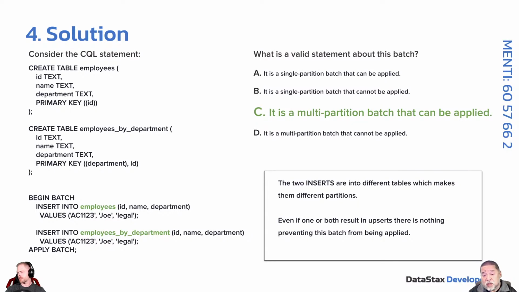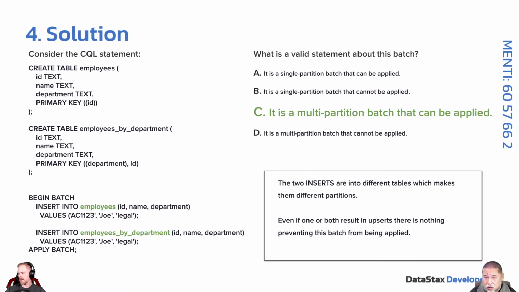So what's a valid statement about this batch? It's a single partition batch that can be applied. Well, A is false and so is B, because these are two different tables, they're two different partitions. The next question is, since it's a multi-partition batch, can this be applied or not? Well, the answer is a batch can be applied if all of the operations in the batch can be applied. And there's nothing in these two inserts that would cause them not to be applied.